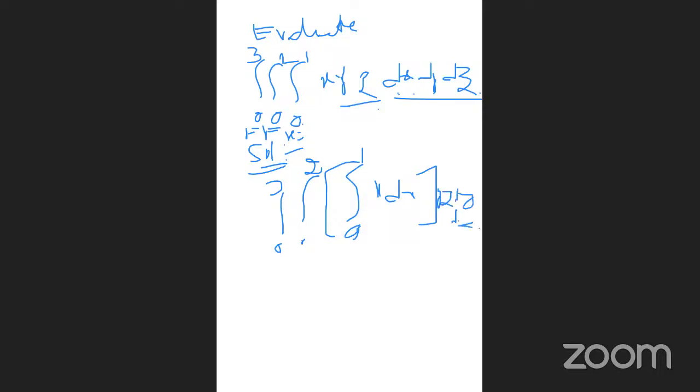Now tell me, what is the integration of x dx? Yes, x square by 2, and the limits are 0 to 1. And yz dy dz is outside.